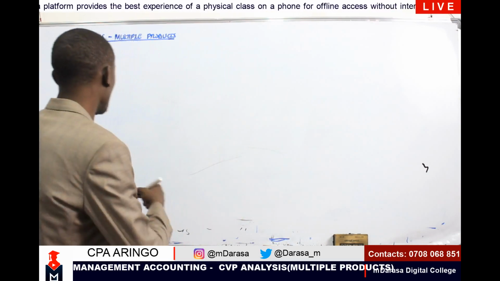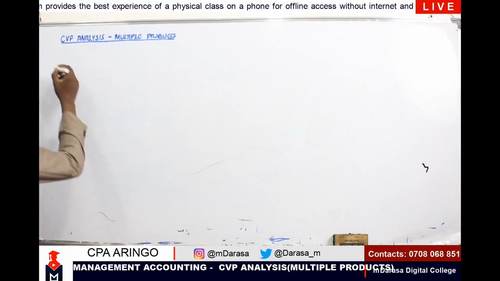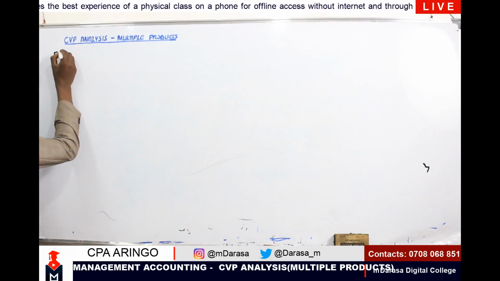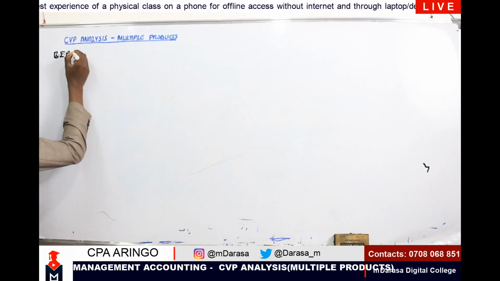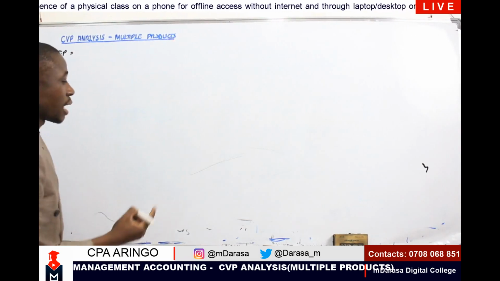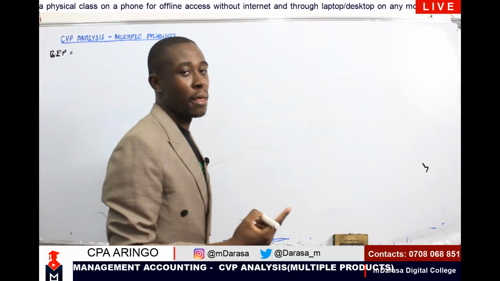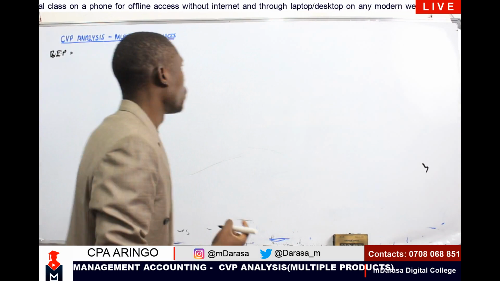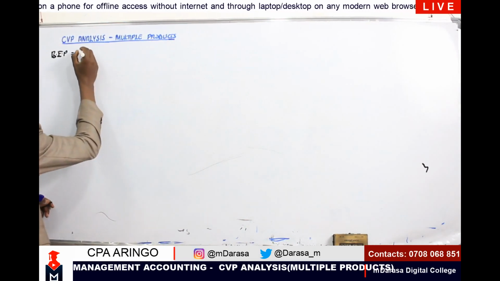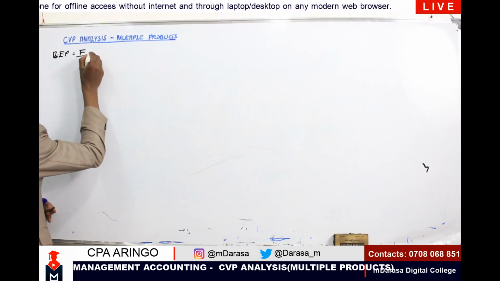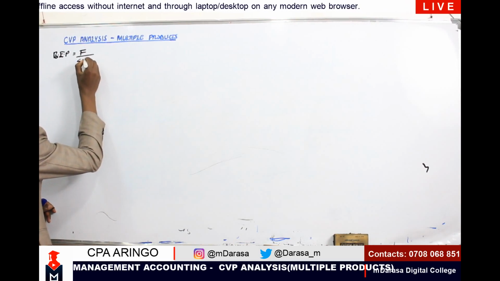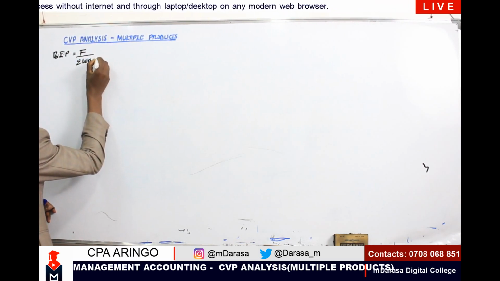So, looking at break-even point for multiple products, my good students, I want us to have this in mind. We'll be talking of our fixed cost divided by our summation of weighted average contribution margin.